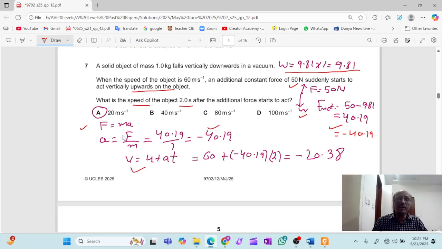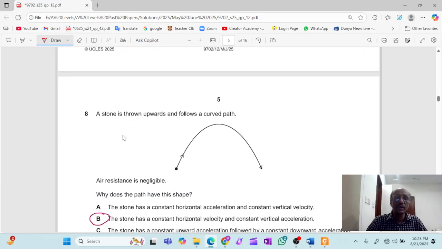Apply the formula v equal to u plus at. The initial velocity which is given is 60, and the force is acting in the upward direction, going against gravity, so the negative sign will be here, and then we will get 20.38. So ignore the negative sign, you will get your destination, option A.